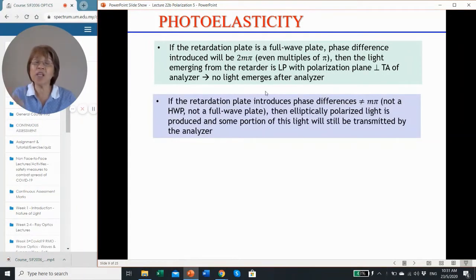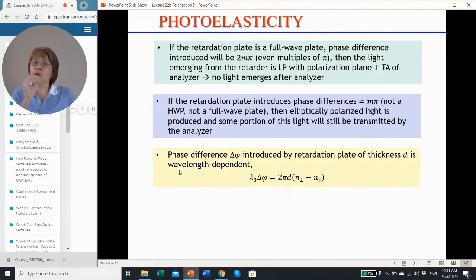But if the retardation plate were to introduce a phase difference which is not equal to m pi, that means it's neither a half-wave plate nor a full-wave plate, then elliptically polarized light will be produced, and some portion of this light will be transmitted by the analyzer.